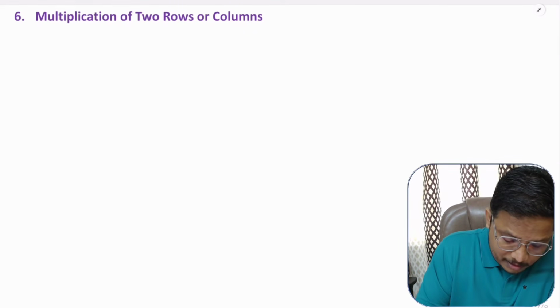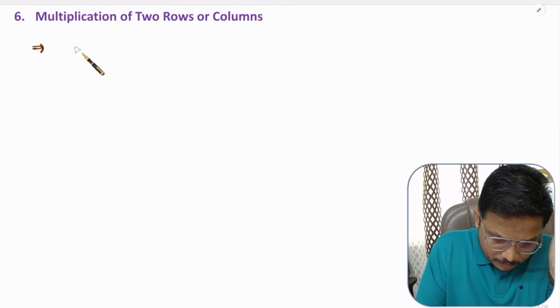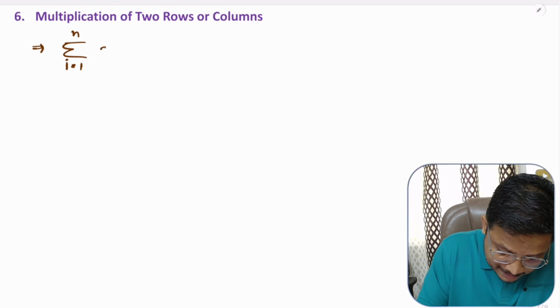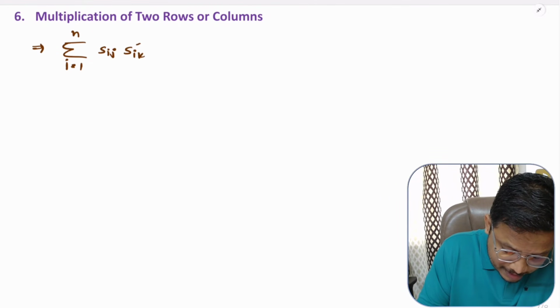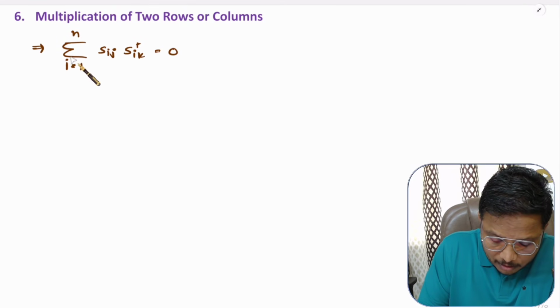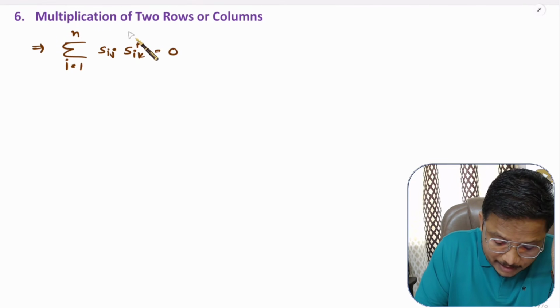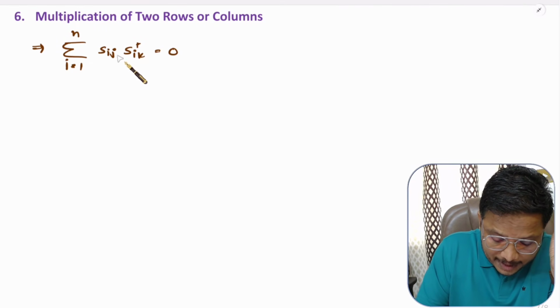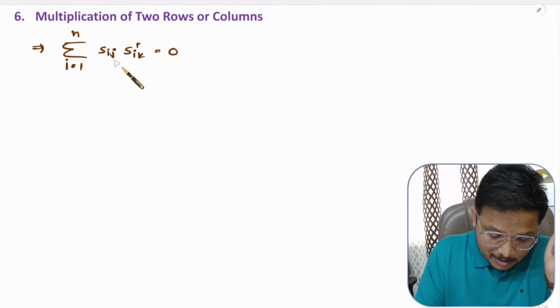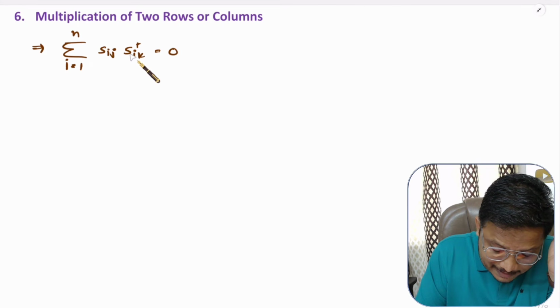If you talk about row wise multiplication, then the summation of i varies from 1 to n, Sij into Sik conjugate, is equal to 0. Here we are doing multiplication as per rows. Here we have two different rows, Sij and Sik.